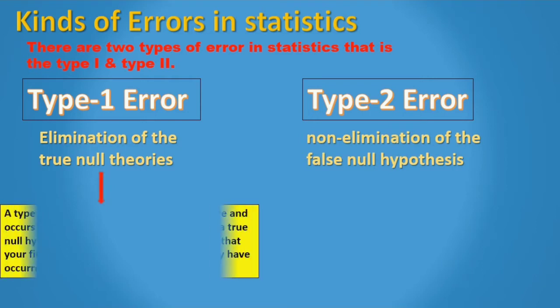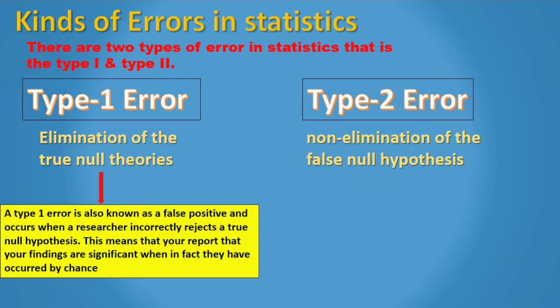A type 1 error is also known as a false positive, and it occurs when a researcher incorrectly rejects a true null hypothesis. This means that your findings are reported as significant when in fact they have occurred by chance.